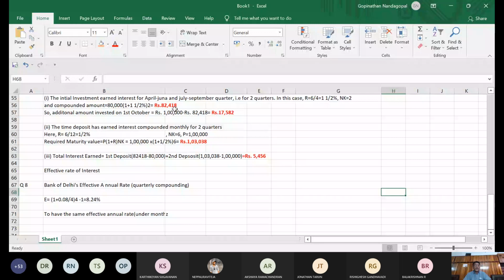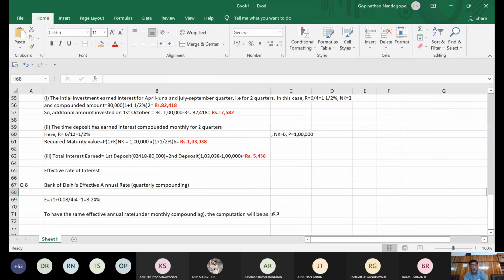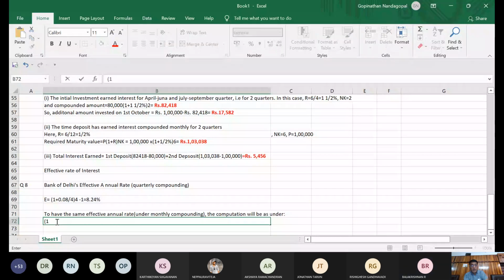Okay, so we'll apply the same formula. 1 plus i by, how much do we take? Under monthly, we'll take 12. Am I right? Yes, sir, 12. And the whole power 12, minus 1.